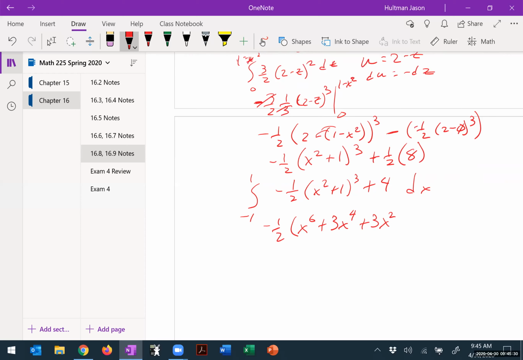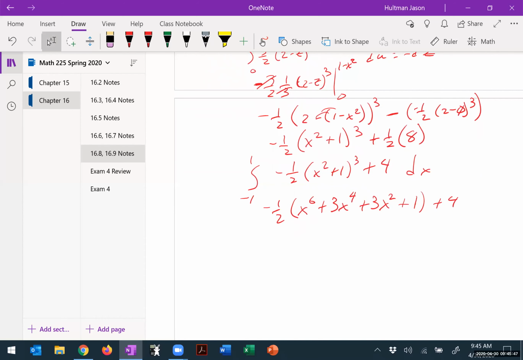Plus 1, since 1 times 1 times 1 is 1 cubed. And then plus 4. What this allows me to do is integrate term by term, which is kind of nice.